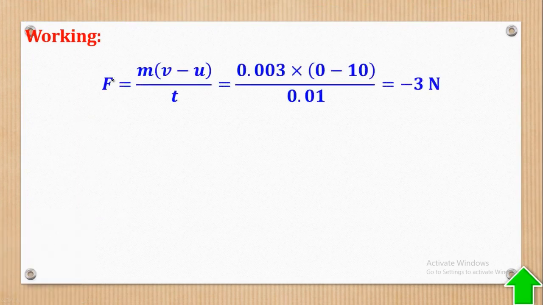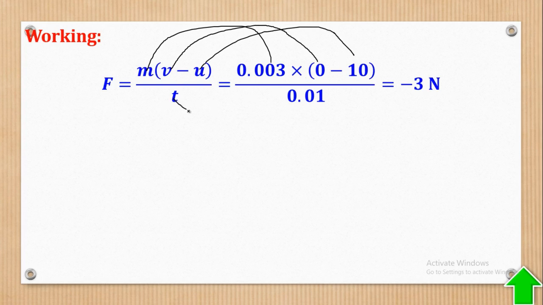So we need to do some calculation to come up with the correct option. We know that force is equal to rate of change in momentum. So F is equal to M in brackets V minus U over T. M is this, V is 0 because it comes to rest, U is the initial velocity which is 10, time is 0.01. When I use a calculator to simplify this, I'll come up with negative 3 newtons.